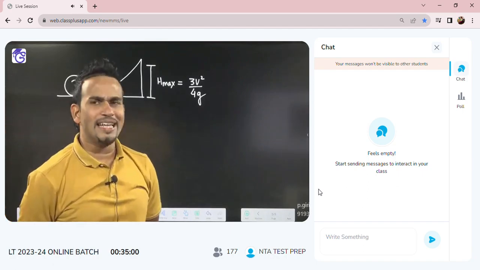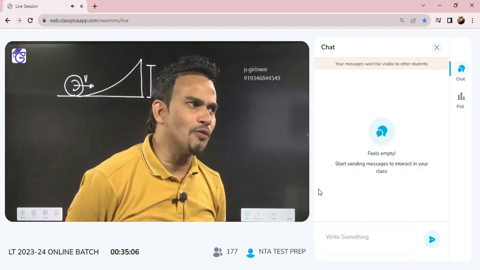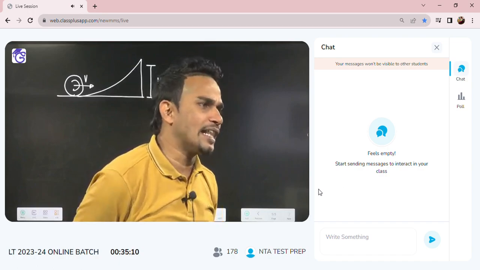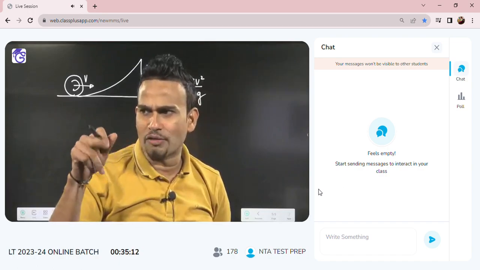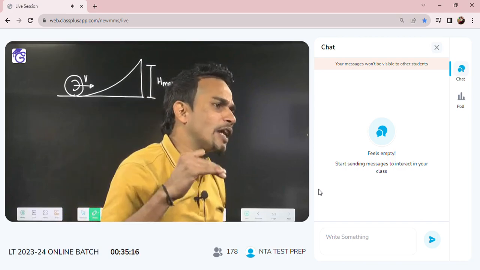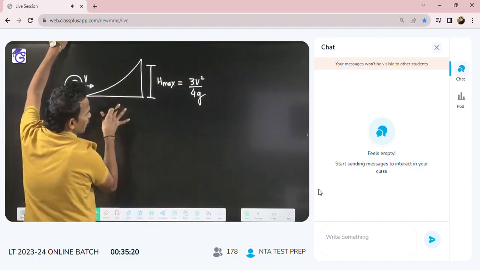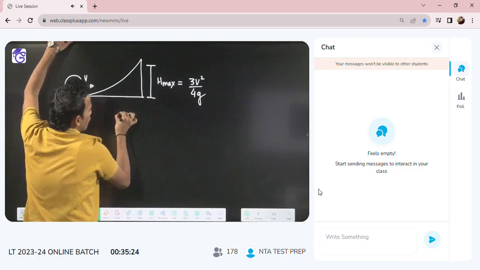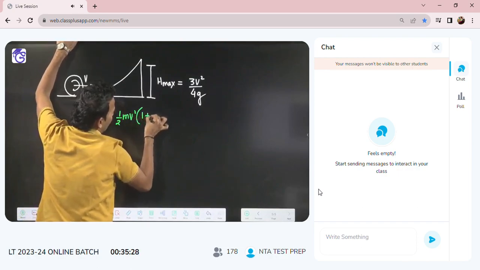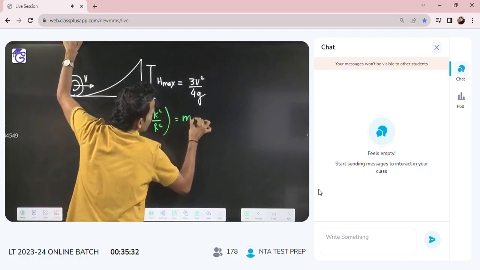Disk will come. Disk or solid cylinder. In the NEET, when this question came, the option was not disk. The option was solid cylinder. So both possibilities are there, because when you solve, k square by r square will come as 1 by 2. So either it is a disk or a solid cylinder, whichever is present in the options. I already know, sir, for maximum height, the rolling kinetic energy, half m v square into 1 plus k square by r square, will be equal to mg into h max.